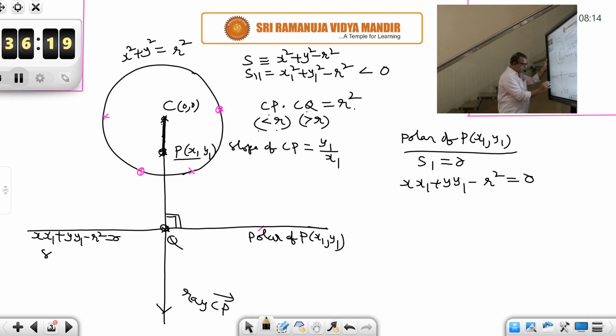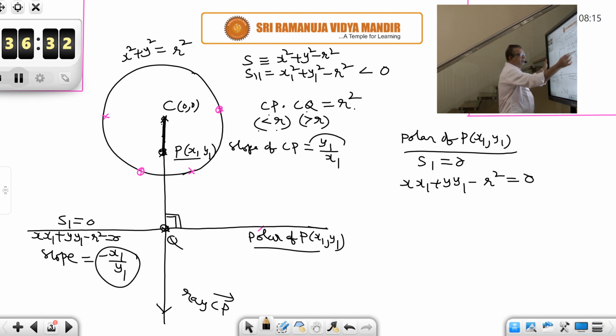What is the slope of this line, polar xx1 plus yy1 minus r square is equal to 0, that is polar of P? Slope is minus x1 by y1. So are these perpendicular slopes or not? y1 by x1 and minus x1 by y1 are perpendicular slopes. So that means this angle is 90 degrees. I have proved it.